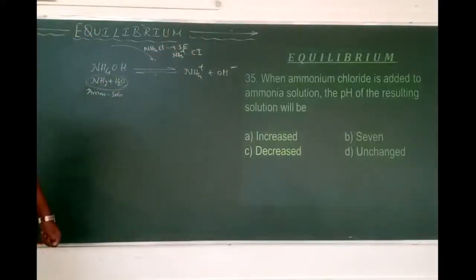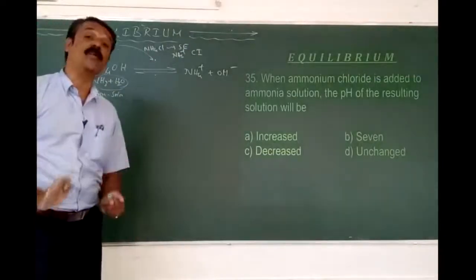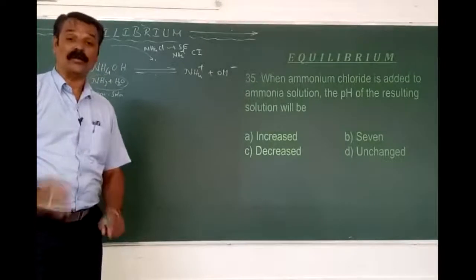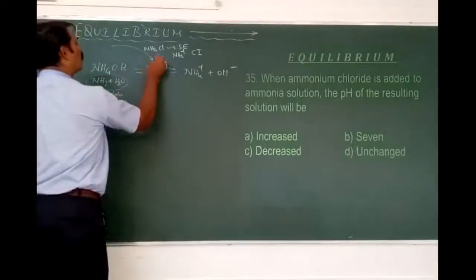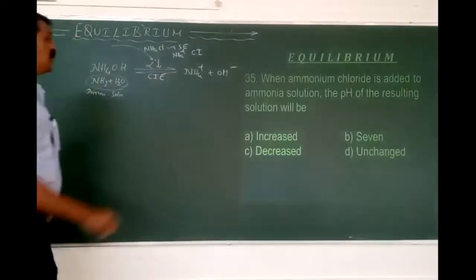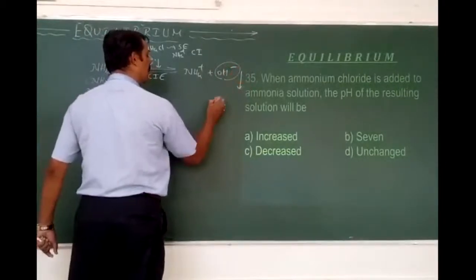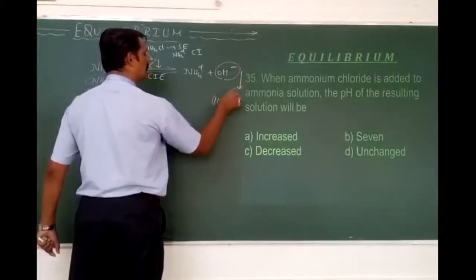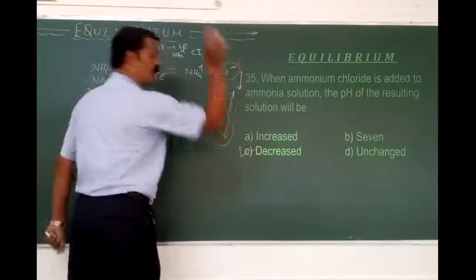According to the common ion effect, if a strong electrolyte is added to the weak electrolyte containing the common ion, the degree of dissociation of the weak base goes on decreasing. Means alpha goes on decreasing, that is due to the CIE. What is that CIE here? Common ion effect. Means OH minus concentration goes on decreasing, or H plus concentration goes on increasing, or pH goes on decreasing. Means pH gets decreased.